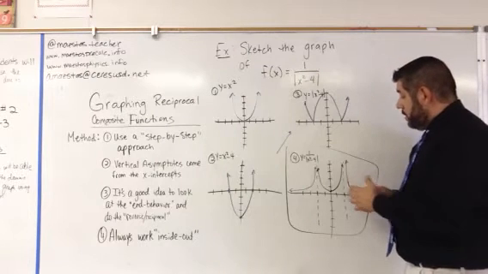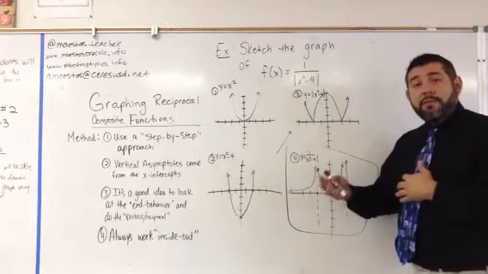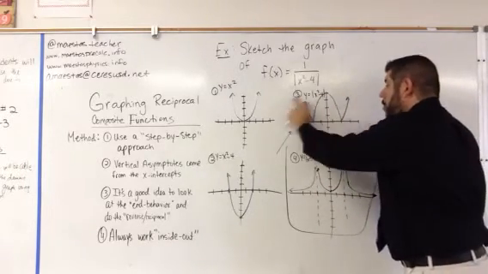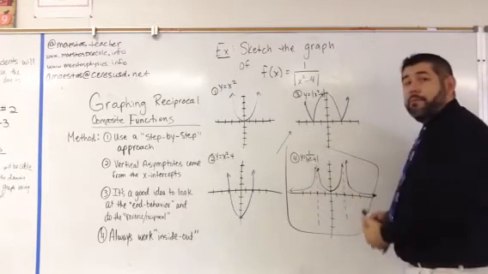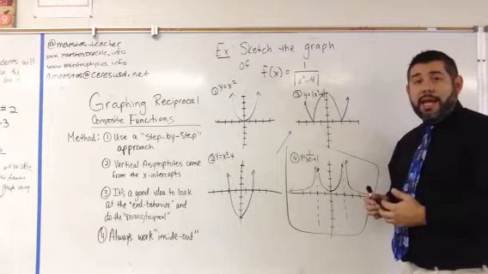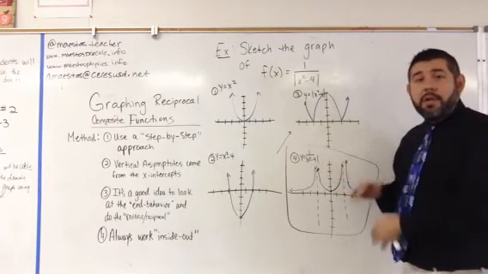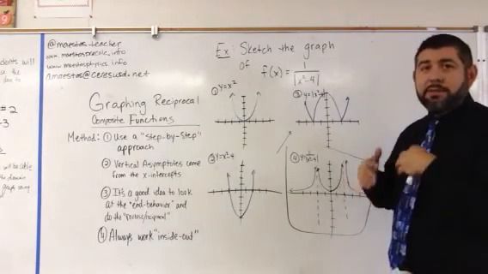The other thing is the reciprocal does not change the positive or negative values of y. Here, the whole graph was above the x-axis, so here the entire graph must remain above the x-axis. It does not change the values being positive or negative, above or below the x-axis. This is very, very important.